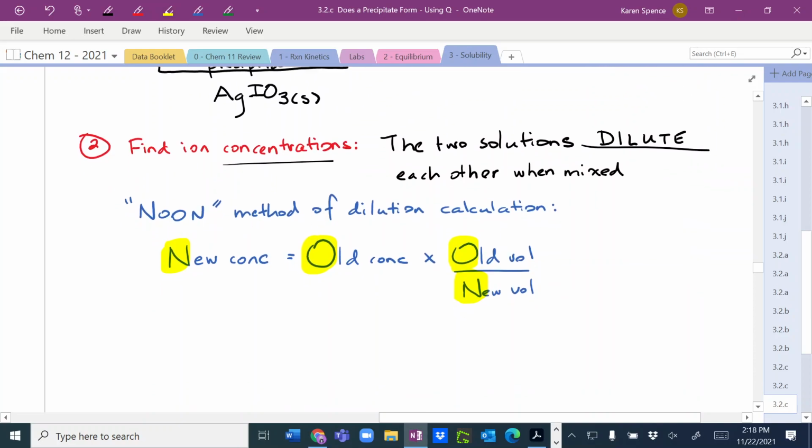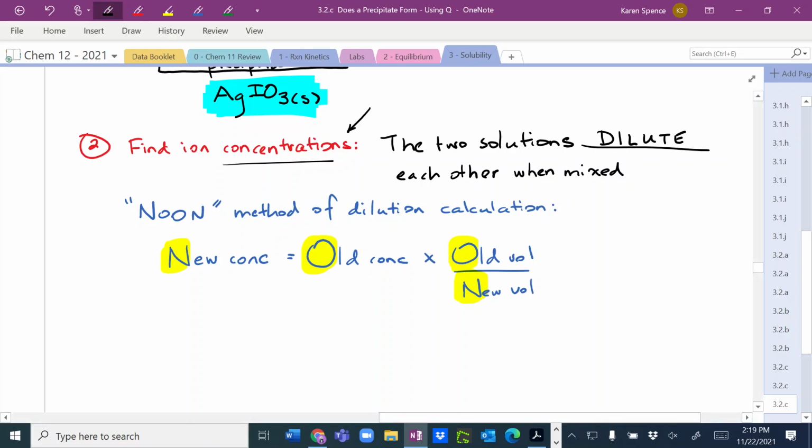So like I said, it's really just M1V1 equals M2V2 rearranged. Now, because our precipitate is silver iodate, which ions will I be finding the concentrations of?